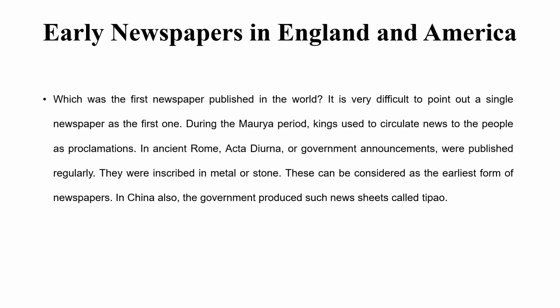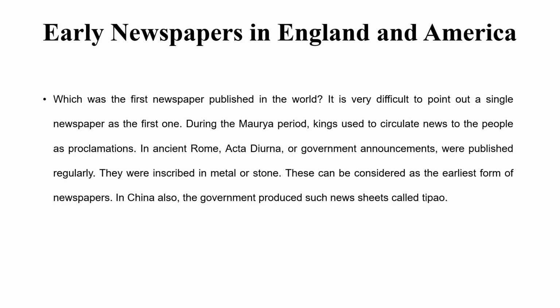Now let us look at the early newspapers in England and America. Which was the first newspaper to be published in the world? It is very difficult to point out a single newspaper as the first one. During the Maurya period, kings used to circulate news to the people as proclamations.